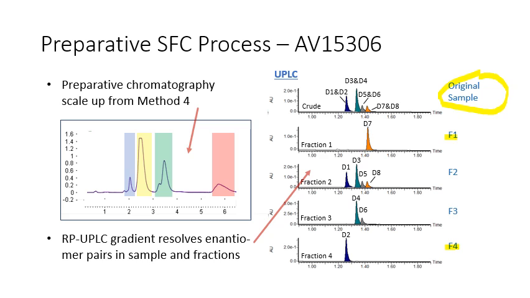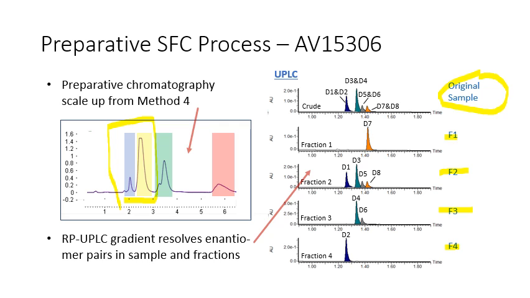We've resolved fraction 1 and 2 in the original chromatogram over here, and that means that these are two different individual isomers. So at this point, we simply have to go back and find a method for fractions 2 and 3 that will allow us to resolve these 4 peaks in one case and 2 peaks in another.